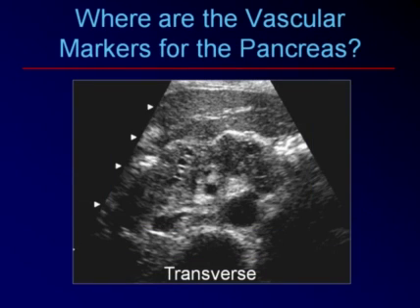So as you're scanning around and you see some unusual tissue, you wonder where you are, what's going on, you immediately refer to your landmarks. You say, okay, spine, aorta, IVC. You can recognize the SMA surrounded by an echogenic triangle of mesenteric fat.